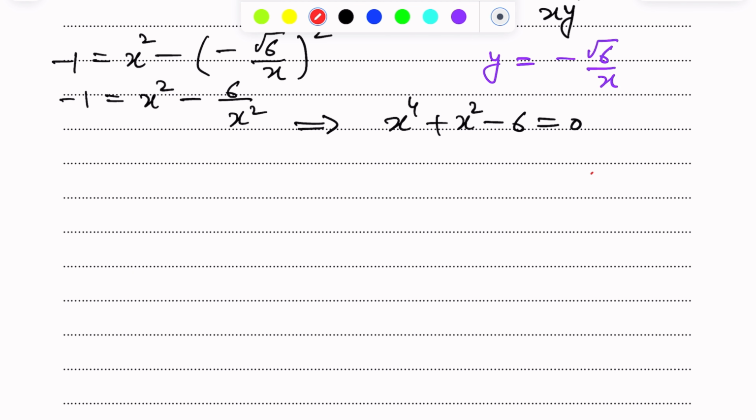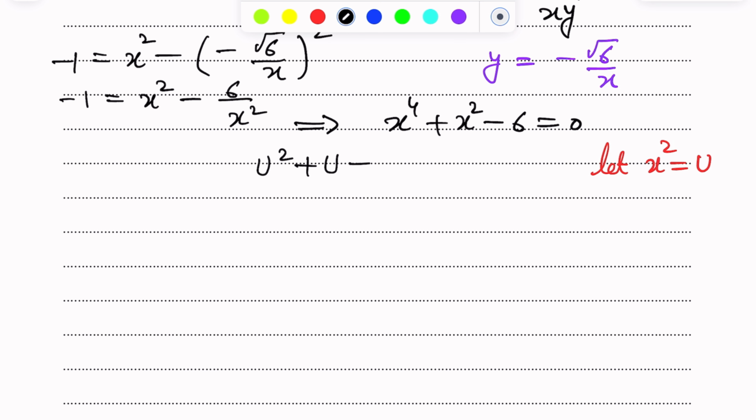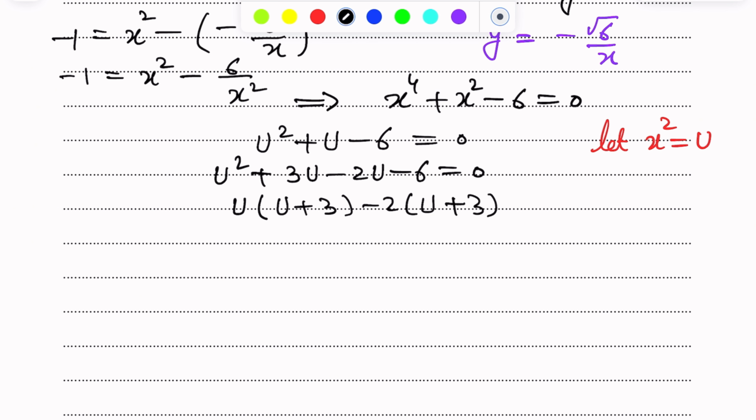Let x square be equal to u, then this equation will become u square plus u minus 6 is equal to 0. Again we solve this to find two values of u, factorizing: u square plus 3u minus 2u minus 6 is equal to 0. u into u plus 3 minus 2 into u plus 3 is equal to 0. u minus 2 into u plus 3 is equal to 0.